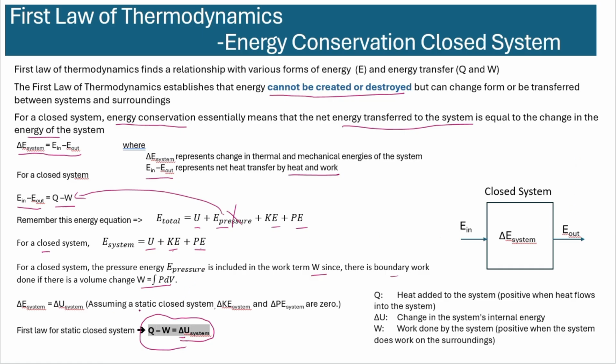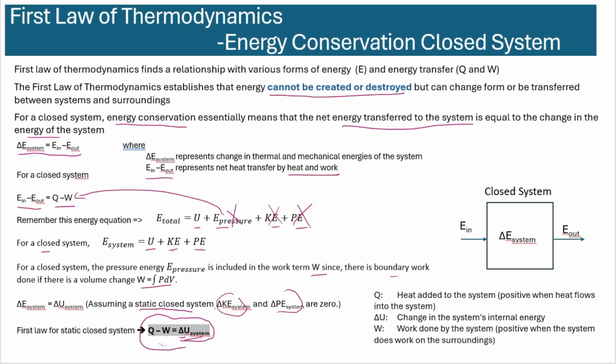If you're talking about a static closed system where it's not moving, so the kinetic energy is negligible and the potential energy also is negligible, then you get the commonly used first law of thermodynamics for a closed system, where the change in the internal energy, which is part of the delta E total, represents Q minus W. So delta E system is basically delta U system, the change in internal energy, because this is negligible, and this is part of the work term.